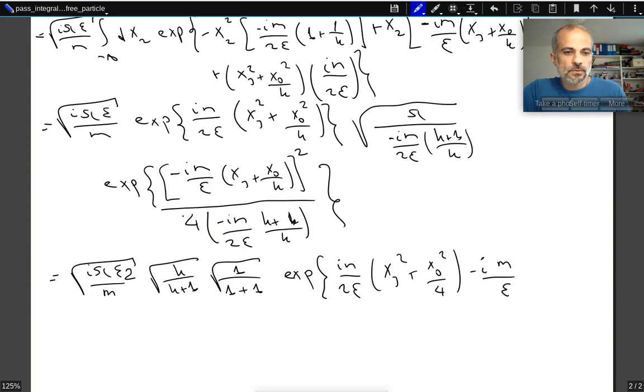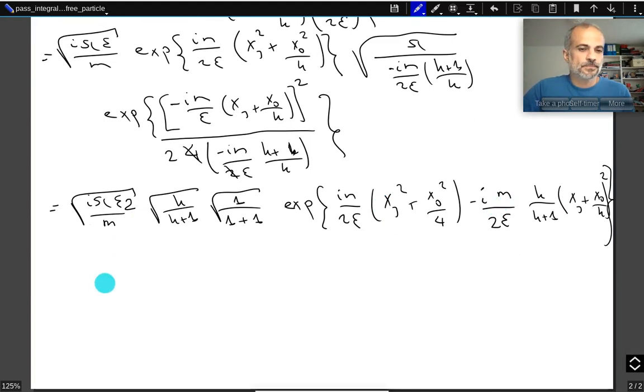Here the 4 cancels, this 2 cancels one of the factors 2 here. There is a 2 left, so i m over 2 epsilon. And then we have a k over k plus 1 times x3 plus x0 over k squared. This is the exponent. Now we will need to simplify this exponent even further.